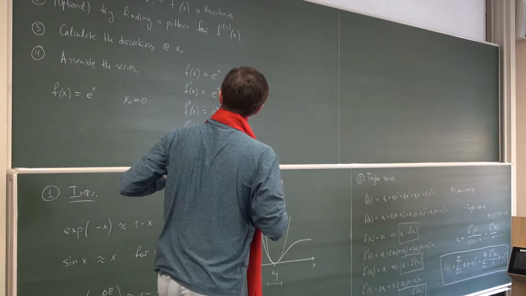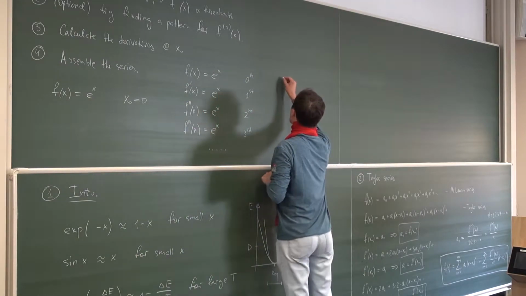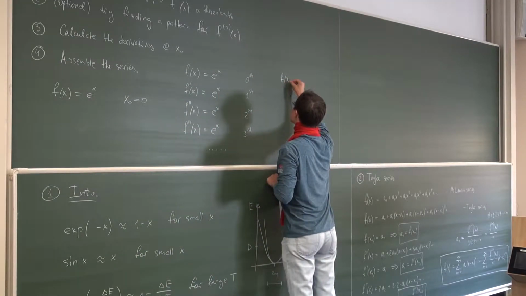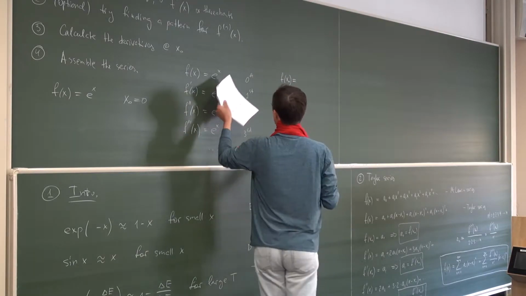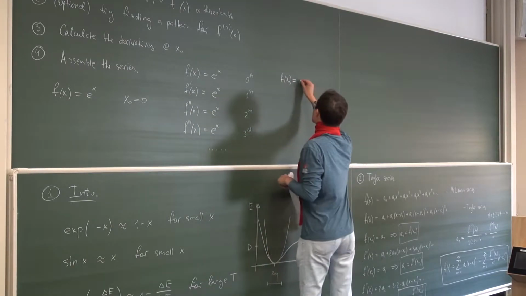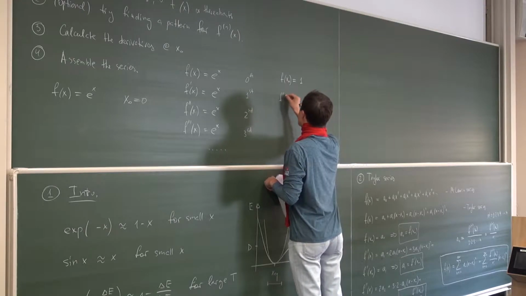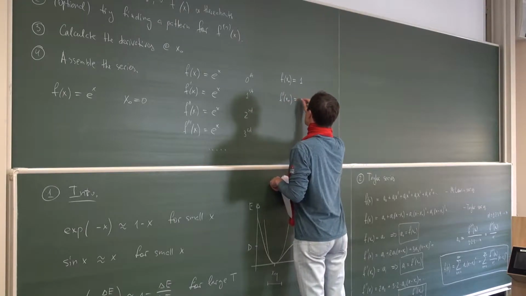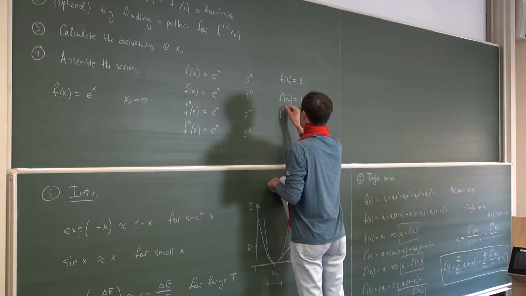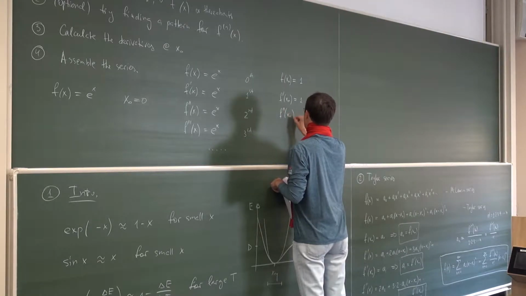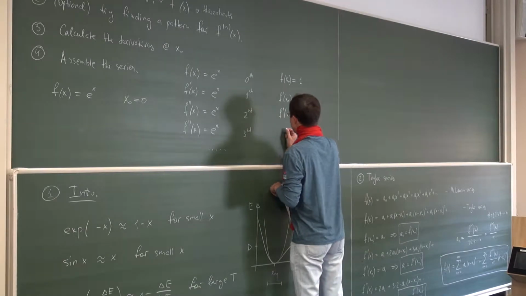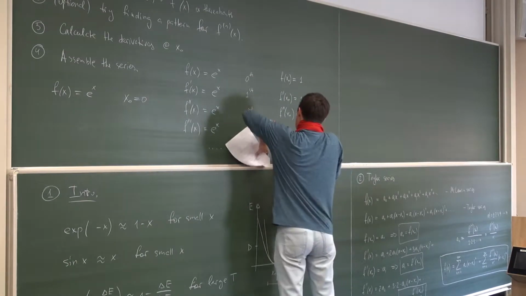Calculate the derivatives at x naught. So our f at x naught is exponential of 0, 1. F prime of x naught, 1. F double prime of x naught, 1. And so on.